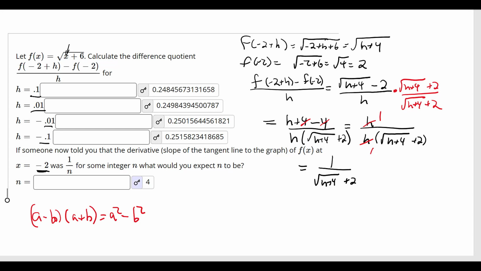So let's see. We need a calculator for this part. And we're just going to put it in. That's what I like about having a TI 83 or 84, something like that, is I can put this in one time.